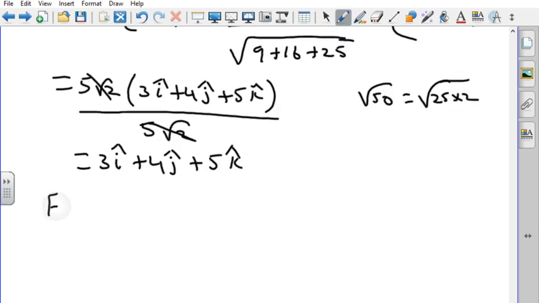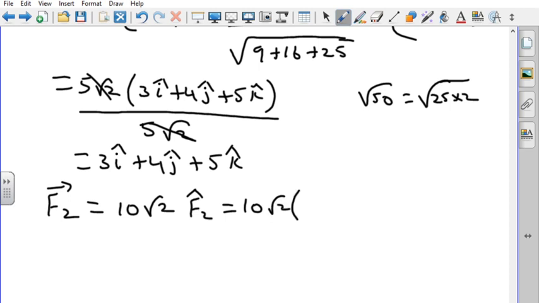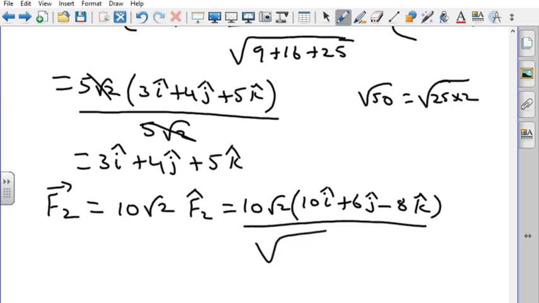Similarly, F2 vector, if you find, is equal to, magnitude given as 10 root 2, so 10 root 2 into F2 cap. It is equal to 10 root 2 into 10i cap plus 6j cap minus 8k cap by square root of 100 plus 36 plus 64.